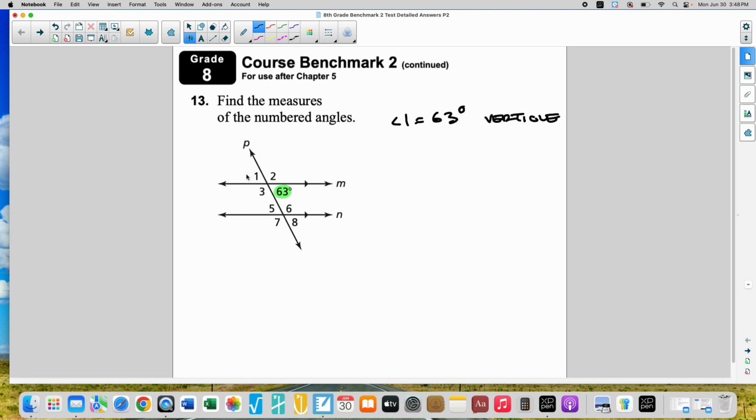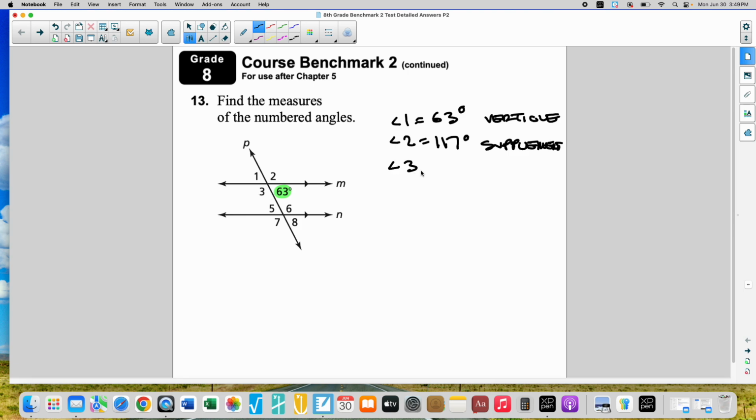Vertical angles are opposite of each other. Angle 2 is going to be 117 degrees because it is supplementary. Supplementary are two angles that add up to 180 degrees. So 2 and 63 add up to 180, so 180 minus 63 gives you 117.